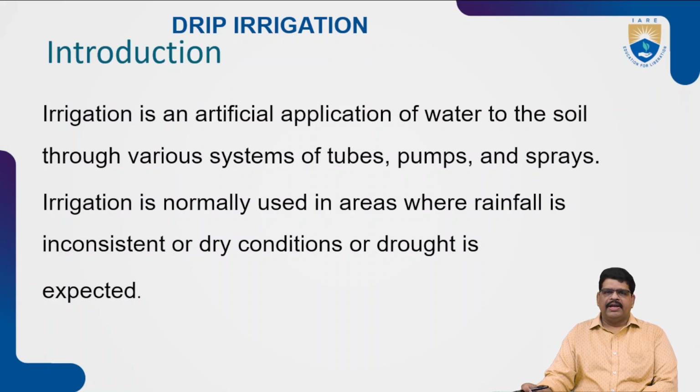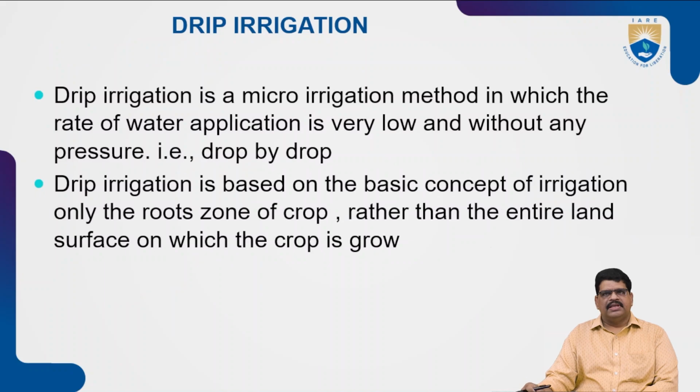But now we are widely using a spray type, and irrigation should be applied to the area actually required, that is, the roots of the trees, which can be served by such drip irrigation systems. Drip irrigation is micro irrigation, the rate of water application is very low, and it works without pressure.